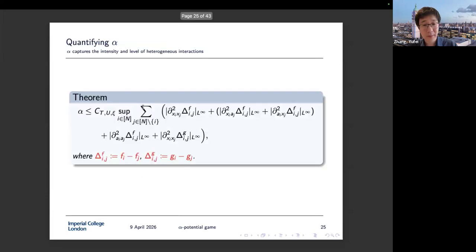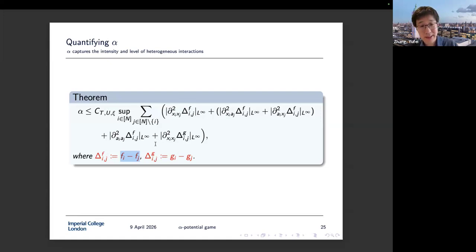In this case, alpha will be given by this form, where it depends on the second order derivative of the difference of any two players' cost functions. As I said before, in general, alpha depends on the magnitude of the asymmetry of the Hessian term, or this pairwise asymmetry of the Hessian term.